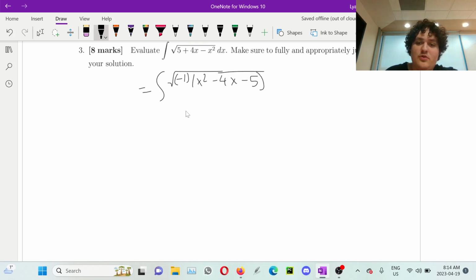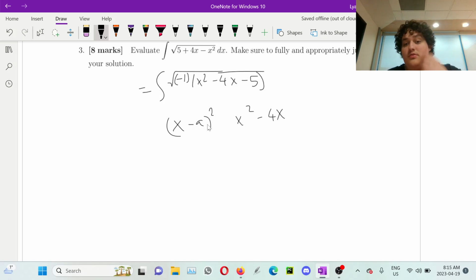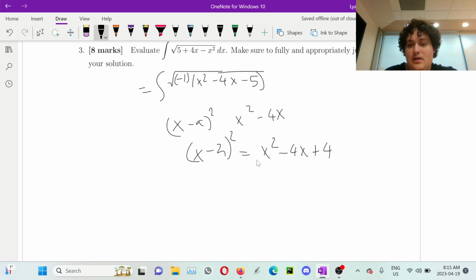Now to complete the square, I need x minus a squared to give me x squared minus 4x. So clearly I'm going to need x minus 2 squared, which equals x squared minus 4x plus 4. So now we see that we can compare these two, and we see that we need this minus 9, right?